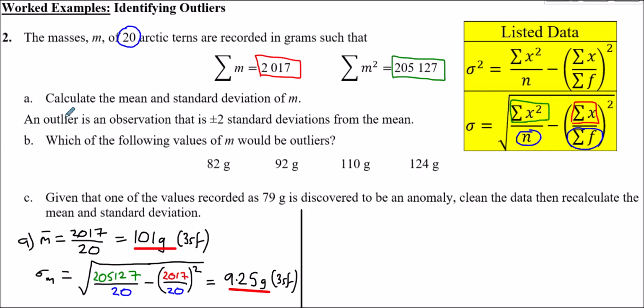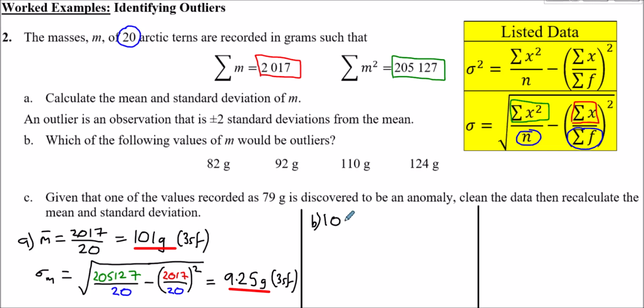So part B, it's saying an outlier is an observation that is plus or minus 2 standard deviations from the mean. So what we can do here is use what we've calculated and work out what the mean plus or minus 2 standard deviations actually would be. The mean, in its exact form, we got was 100.85.